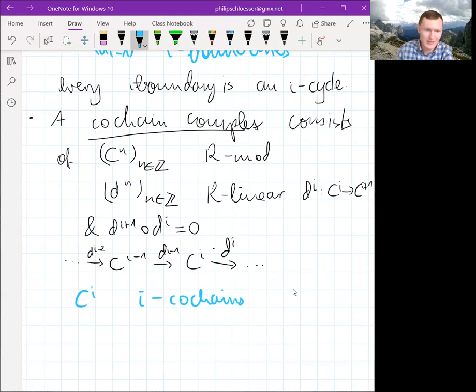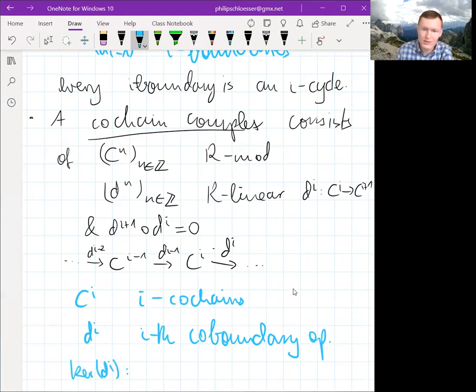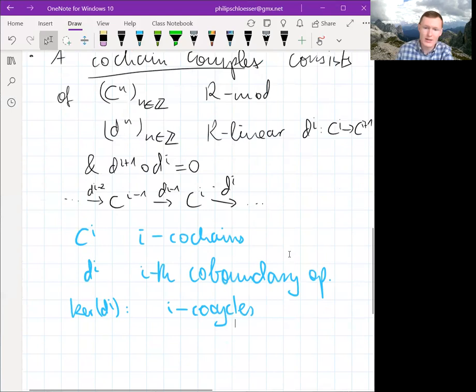The operator d^i is the ith coboundary operator, the kernel of d^i consists of i-cocycles, and the image of d^(i-1) consists of i-coboundaries.